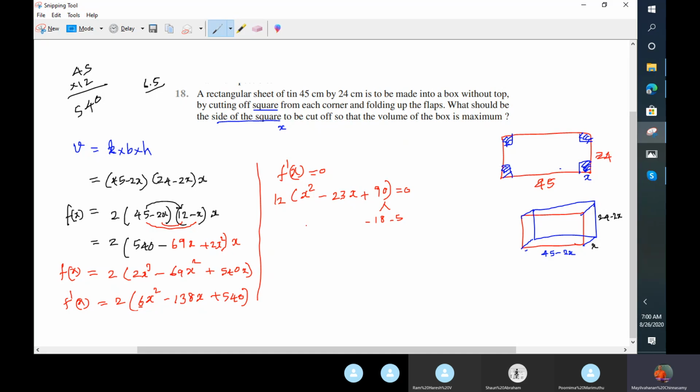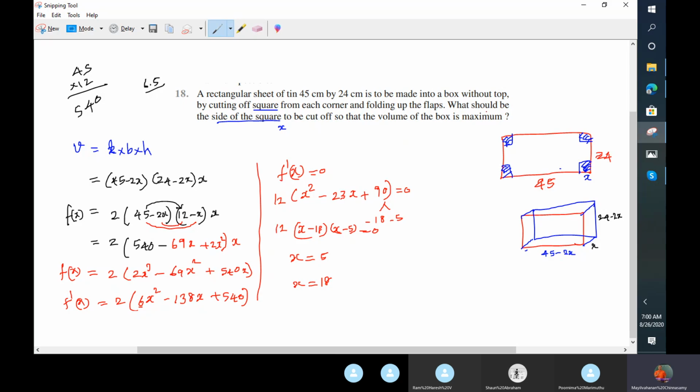If you factorize, you can write x minus 18 into x minus 5 equal to 0. So what are the critical points? x equal to 5 is one critical point, and x equal to 18 is the other.